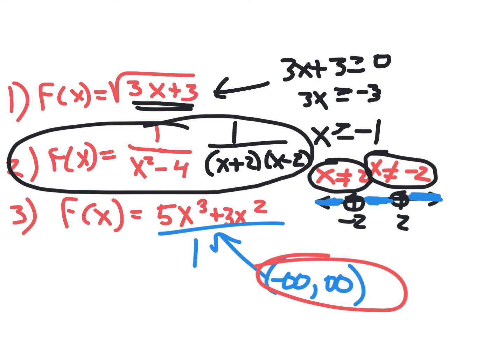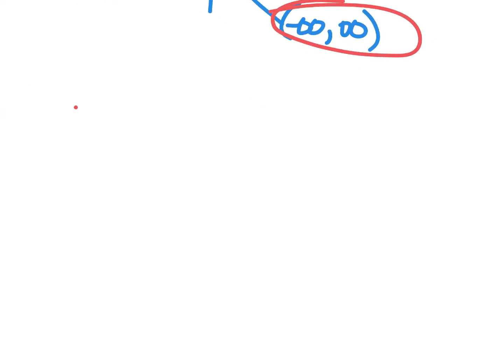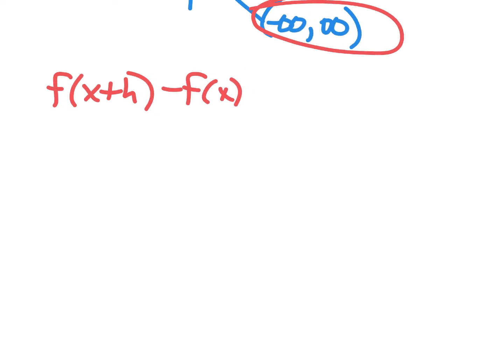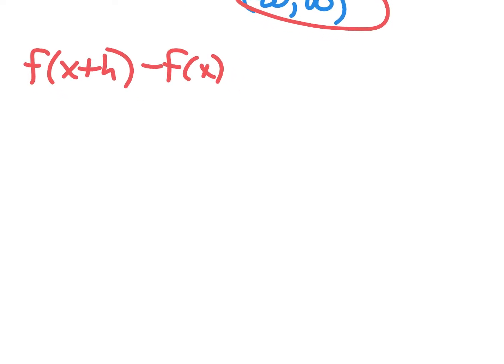All right. Next, I want to see how careful you are. Remember how I told you that this is the careful test? I'm going to have you stick x plus h into a function and then subtract the function. Well, what do you need to be able to do that? The function. So here's the function. F of x is 3x squared minus x.